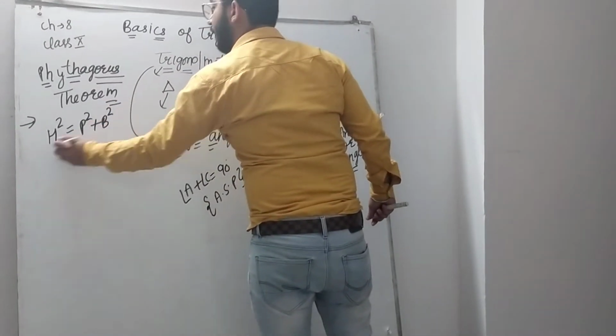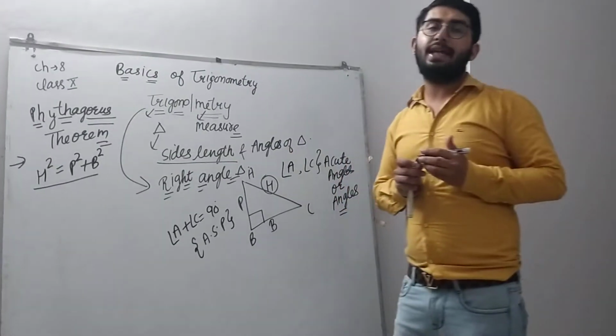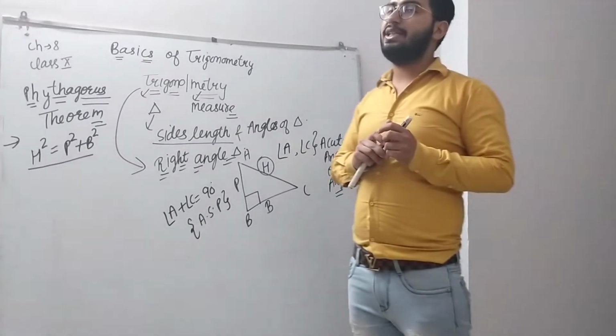That is, h square equals p square plus b square.